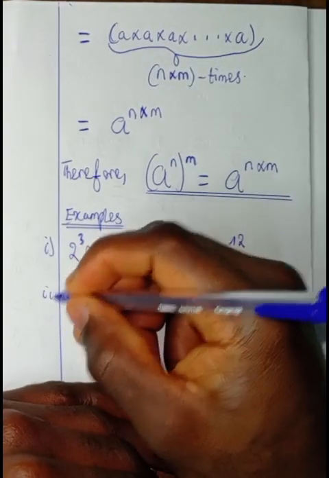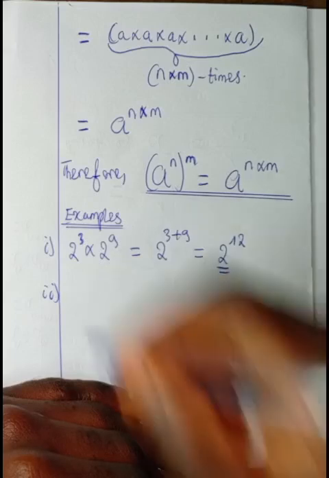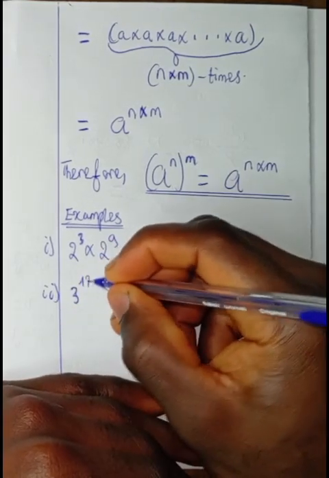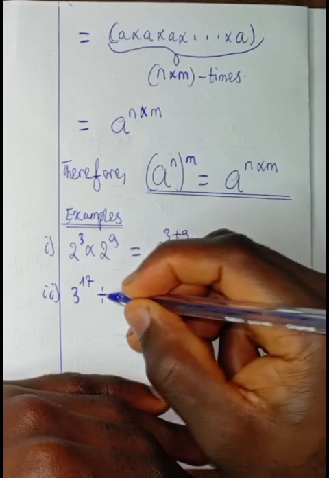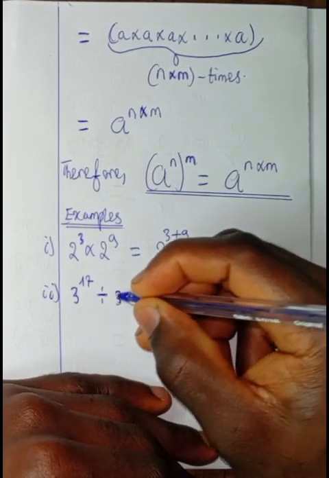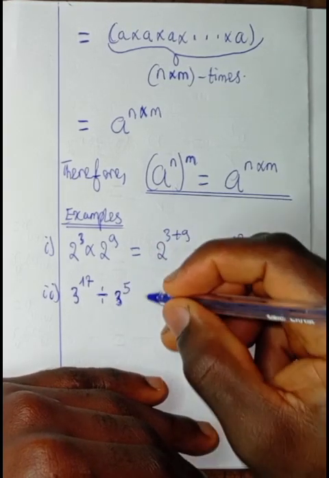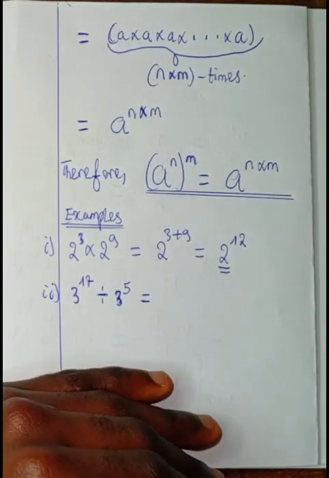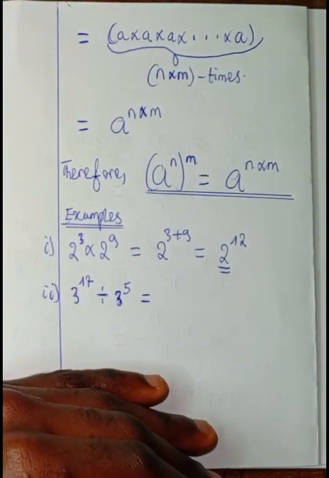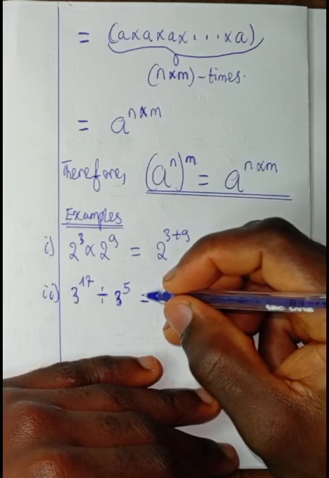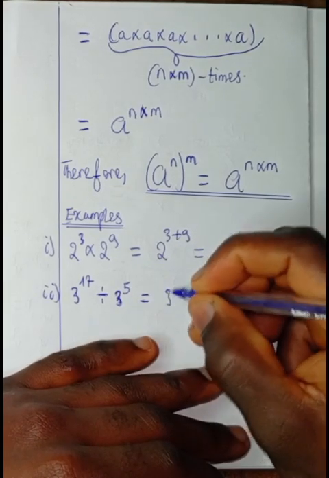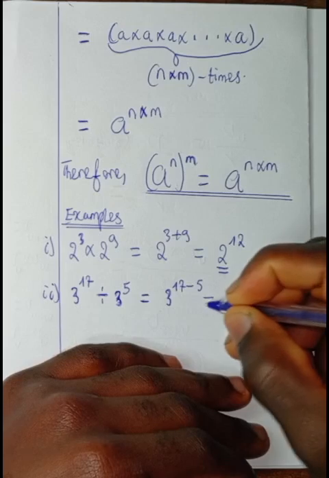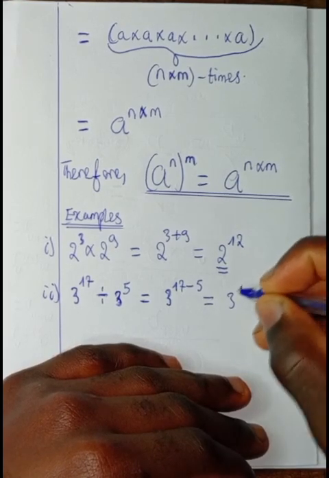We take 2i, we take 3 raised to the power 17 divided by 3 raised to the power 5. It will simply be equal to, in this case we are going to apply the third law. It will simply be equal to 3 raised to the power 17 minus 5, which is simply equal to 3 raised to the power 12.